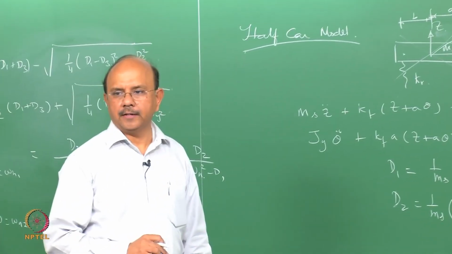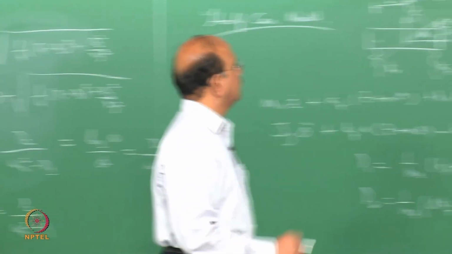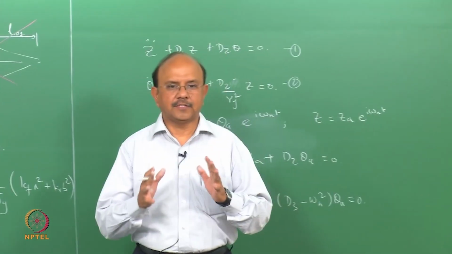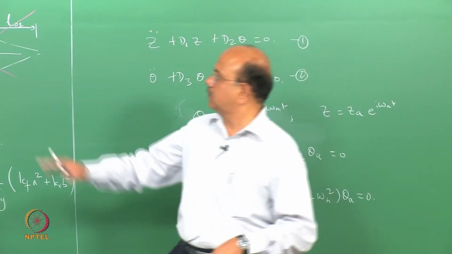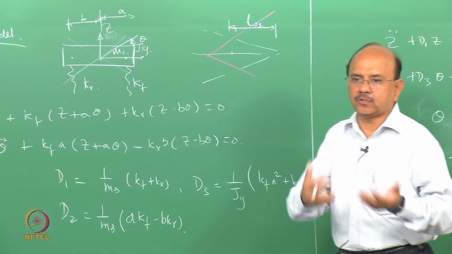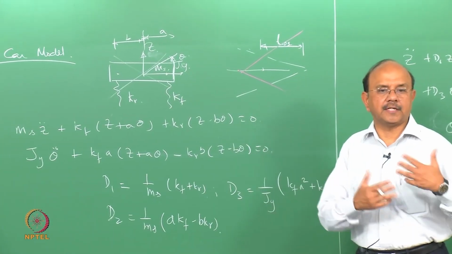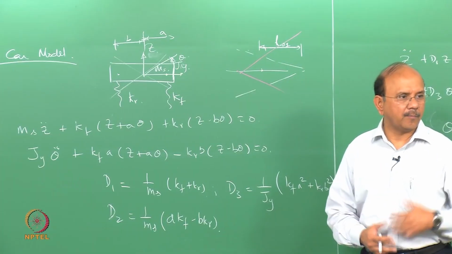That is for omega n2. So the first node would get excited when the rear wheel goes over a bump, and the second one gets excited when the front wheel goes over a bump, and so on.